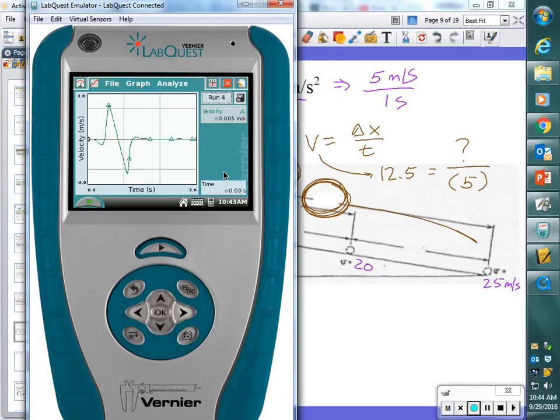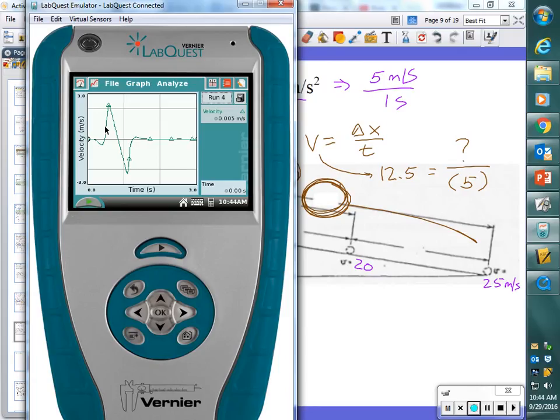Then I throw it in the air. So during this section right here, what's happening to the velocity? It's positively what? Increasing. Okay? What's the first thing that happens to the volleyball?